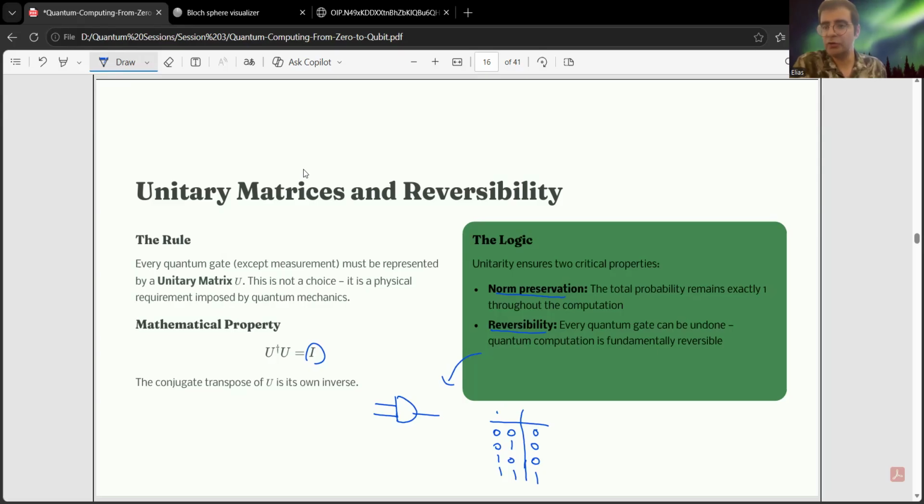Now, if I tell you the output is 0, you cannot tell me what the inputs are, right? Because it could be 0 0, or 0 and 1, or 1 and 0. So this is not reversible. When I say reversible, it means that if I give you the output, you can tell me what the input is.